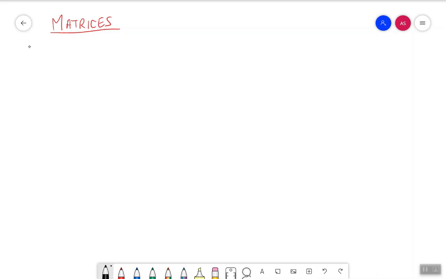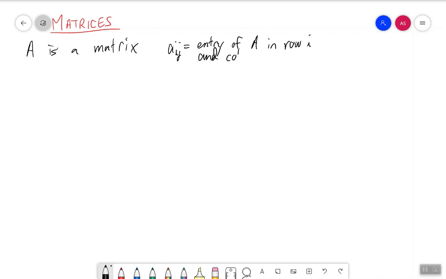So if A is a matrix, Aij is the entry of A in row i and column j.